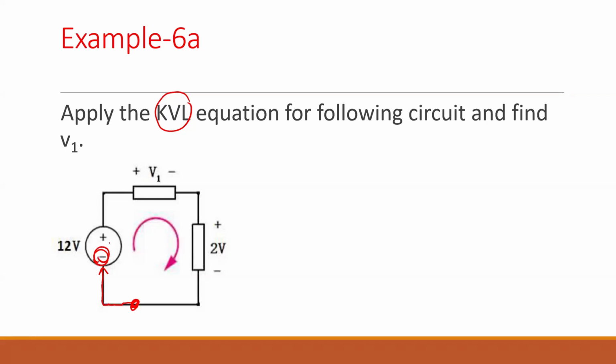Why? The current is going into the negative 12. So negative 12. Then it is going to what? Positive or negative V1? Positive. Positive V1, and going to positive 2, and coming to the start point, and this is equal to 0. So you can find V1.